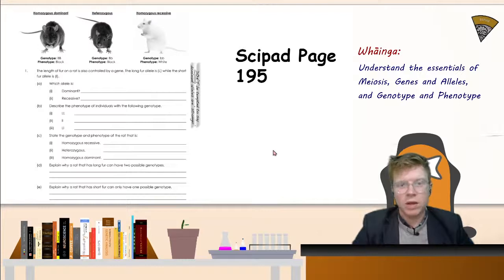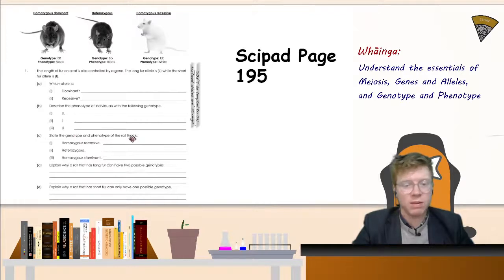Now we know that the dominant allele is always expressed ahead of the recessive allele if both are present. We'll go into the mechanisms behind that in more detail in an upcoming lesson. But here, you've got a heterozygous individual. Same with this one here. It'll be the long fur, the dominant, which is expressed, so the phenotype is dominant.